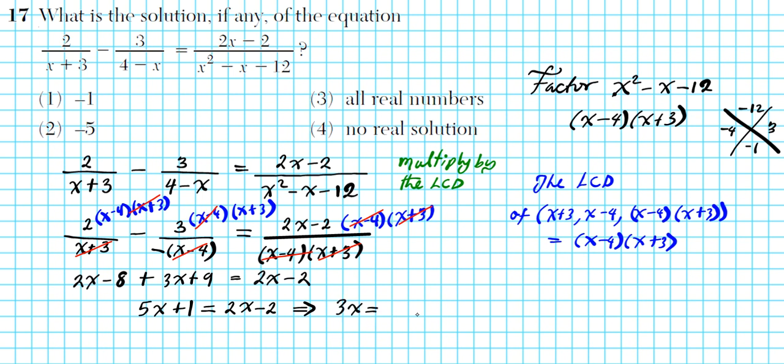And then we subtract 1 from both sides, equals negative 3. Okay, so you subtract 2x and you subtract 1. And then lastly, just divide both sides by 3. Divide by 3, divide by 3. And you get your answer, x equals negative 1, as the final result. Our answer for number 17 is option number 1.